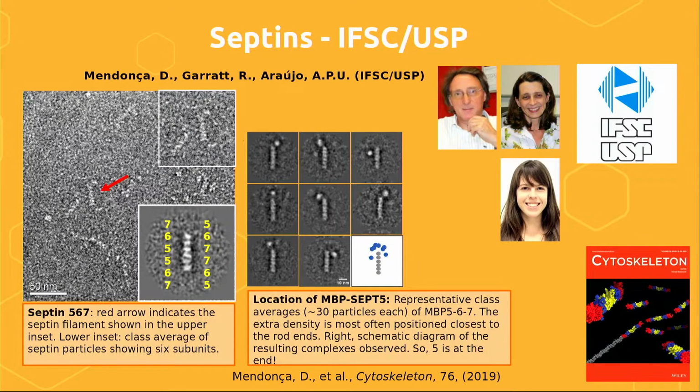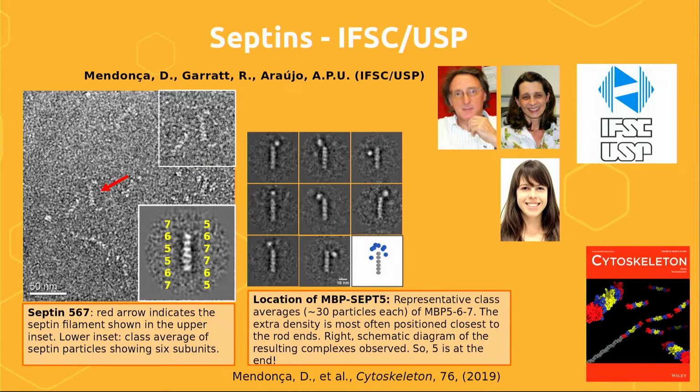Septins are numbered, you have different proteins, and they form filaments. In that case they form hexamers, though they could be octamers or tetramers. There was one single structure of the hexamer, but that structure was actually based on a crystal structure of a filament.